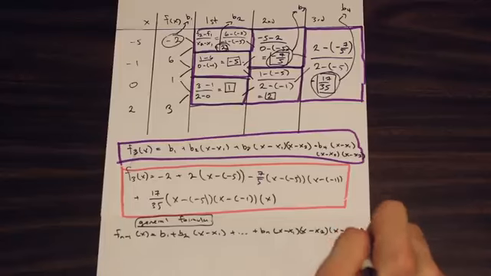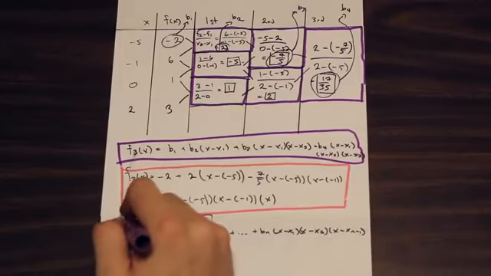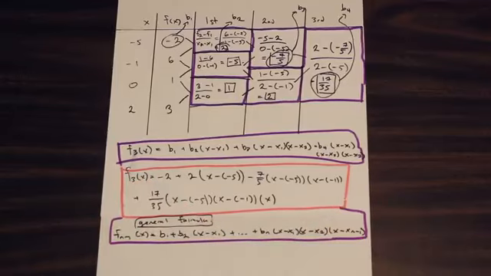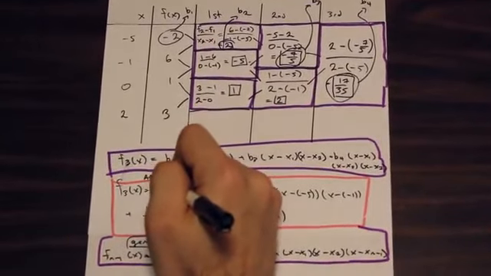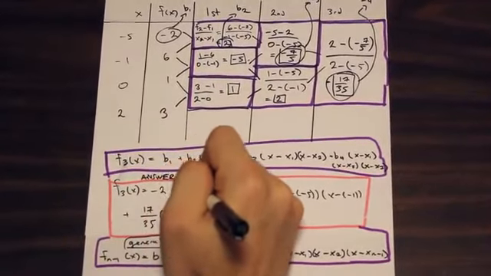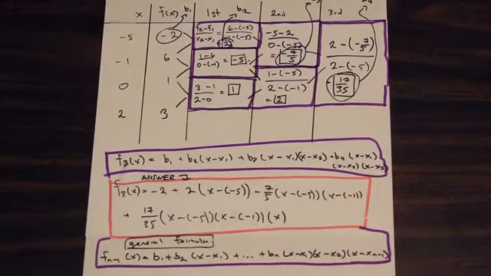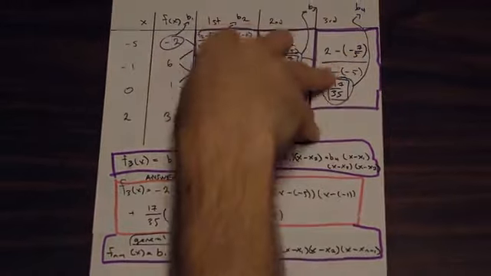So that's the general formula that you need to follow, but this is the answer. Right down there, this term here is what they're looking for. That's the Newton interpolating poly for this data that we're given here, and we solved it using a table of divided differences. Thanks for watching.